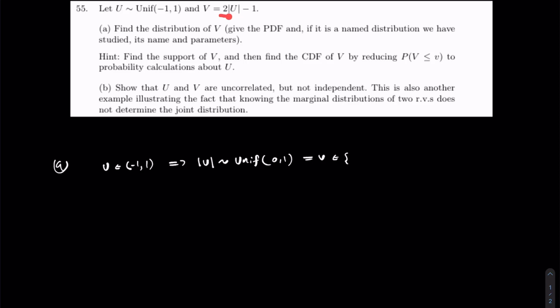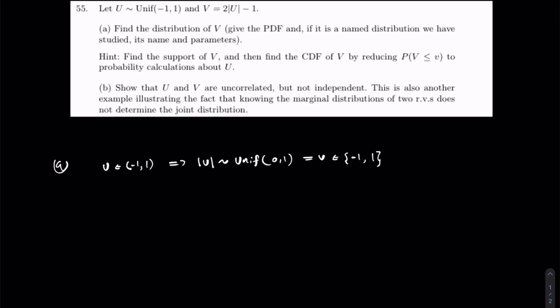The absolute value goes to 0, and then we're left with -1. That's the minimum. And when the absolute value of u is 1, then this thing here is 2, and then we're subtracting off 1, so we end up with a 1. So that's the support of v.